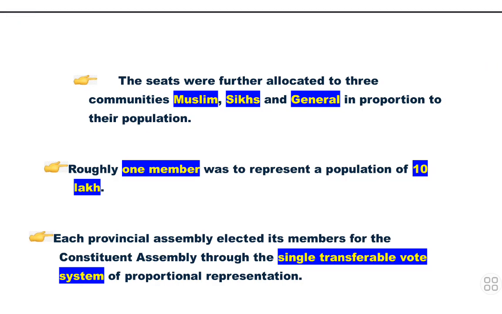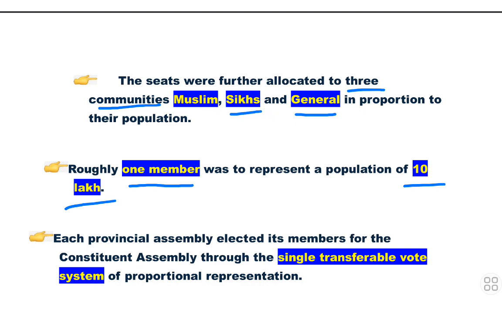The seats were further allocated to 3 communities: Muslims, Sikh, and General in proportion to their population. Roughly 1 member was to represent a population of 10 lakh.